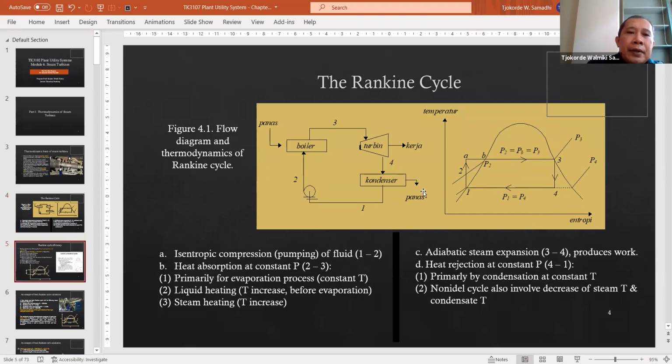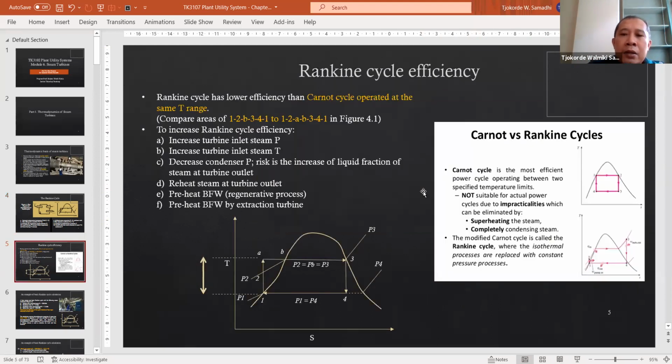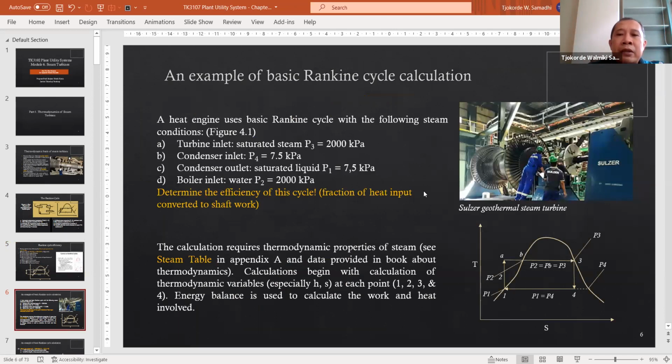Okay. All right. And again, we will refresh your memory about how to calculate the Rankine cycle efficiency, the thermodynamic efficiency. This is an example of basic Rankine cycle calculations. Again, nothing new. This should be no surprise for you guys at all because you have seen this stuff in your thermal class. Okay.